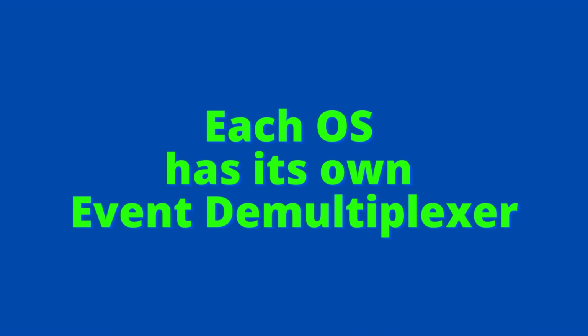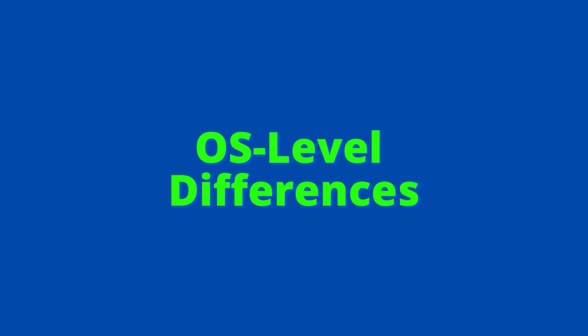Each operating system has its own interface for the event demultiplexer, such as epoll on Linux, KQ on Mac OS, and IOCP on Windows. To make matters more complicated, each I/O operation behaves quite differently depending on the type of the resource and the operating system. For example, in Unix, regular file system files do not support non-blocking operations, and it is required to use a separate thread to simulate a non-blocking behavior.